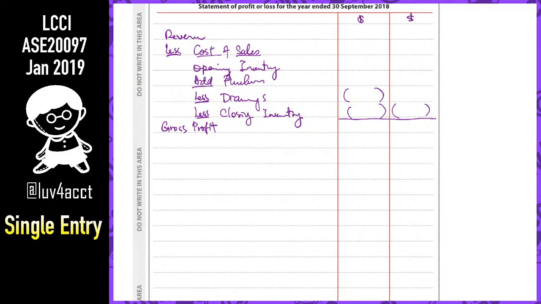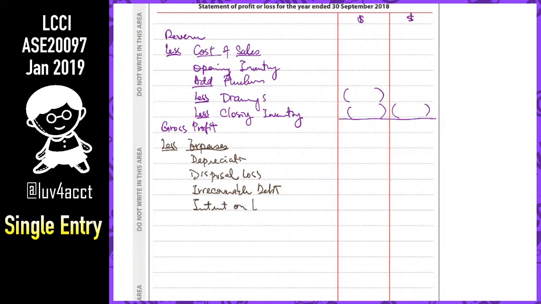After that we have a few expenses. Less expenses: we have depreciation, disposal loss, irrecoverable debt, we also have interest on loan.